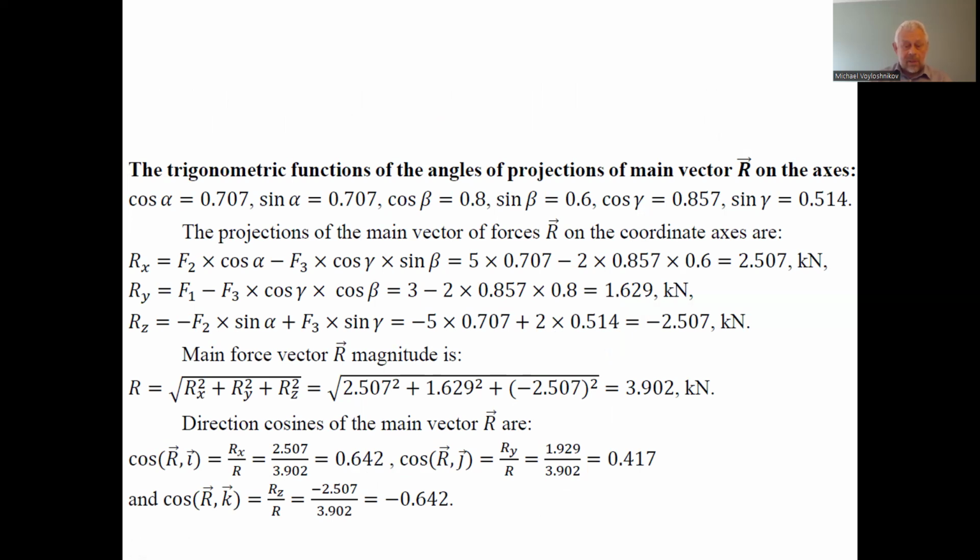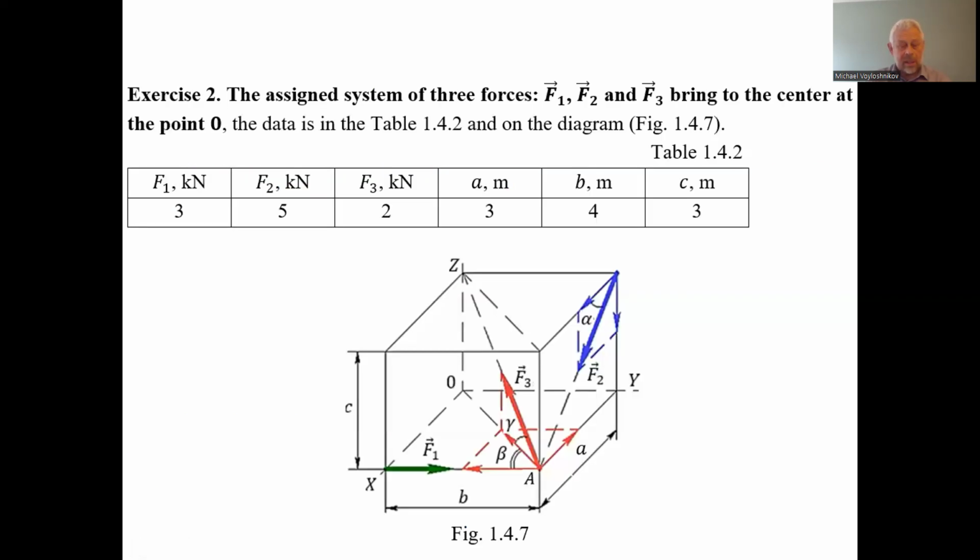And next, we have to find the projections of the main vector of forces on the coordinate axes. First, the projection Rx of the main force on the axis X. The force F1 does not cause a projection on the axis X. For the force F3, first we find the projection on the diagonal A0 using the cosine of the angle gamma.